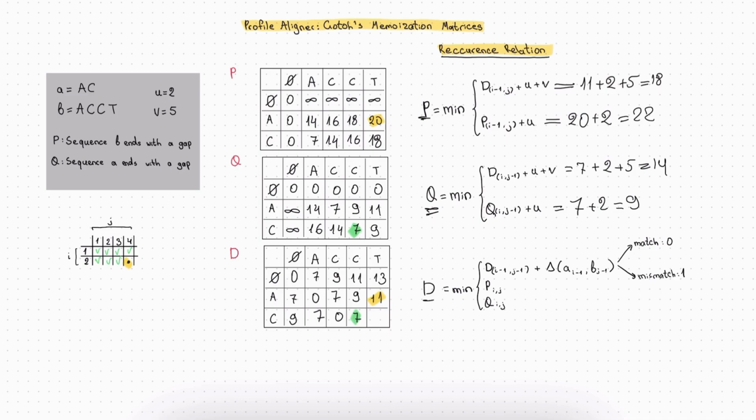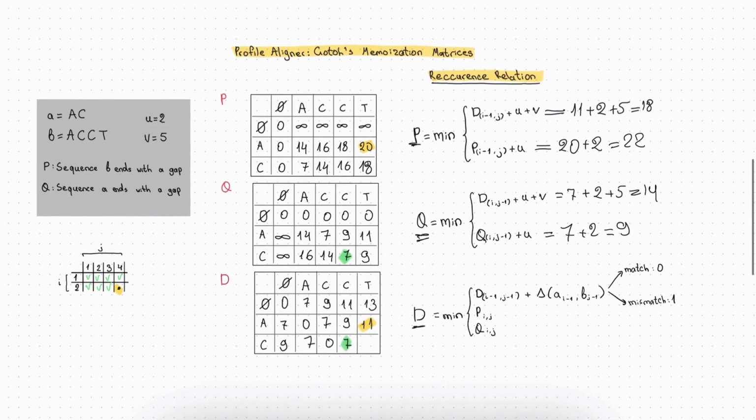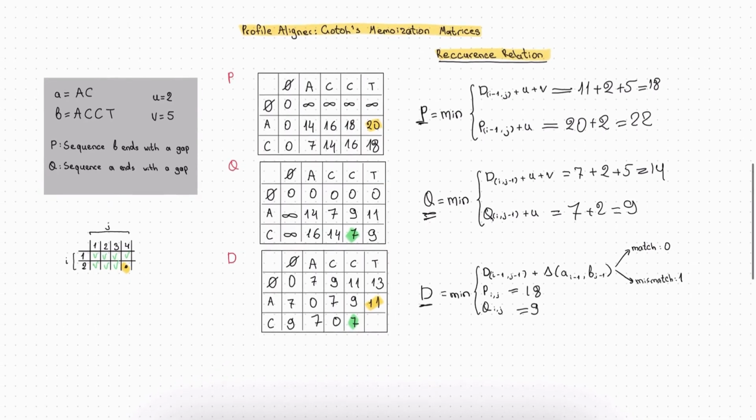Lastly, we have matrix D, which takes the minimum of the past two calculations. Here it was 18 and 9, and also it's looking at the cell over here.